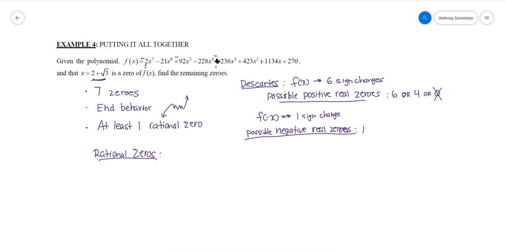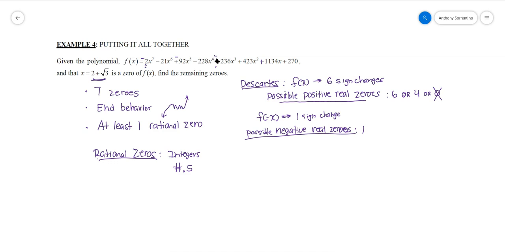But because the leading coefficient's 2, I would expect to either have integers or something of the format where I have a number, a decimal point, and a 0.5, because I'm dividing by 2. Those are other things I'm looking at. So that's a lot of information so far. It doesn't actually zero in on what any of the zeros are, at least the other 6 I'm looking for, but at least I know some things about this that will help me stay away from pitfalls.